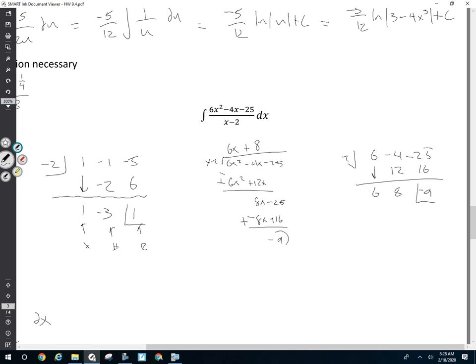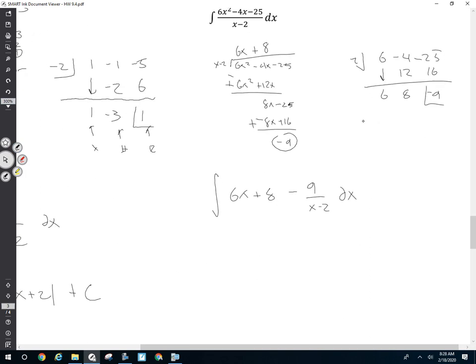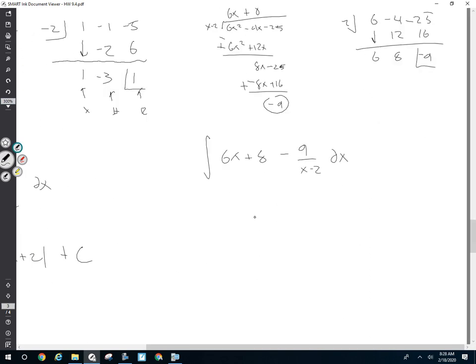Okay, so there's my remainder. These are my numbers. These are my x's. So this would be rewritten as 6x plus 8 minus 9 over x minus 2. The antiderivative of this would be 3x squared plus 8x minus 9 log absolute x minus 2 plus a c.